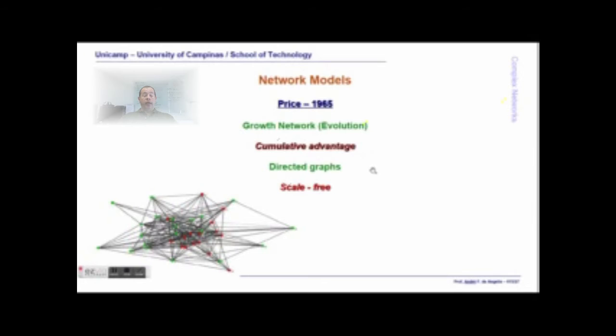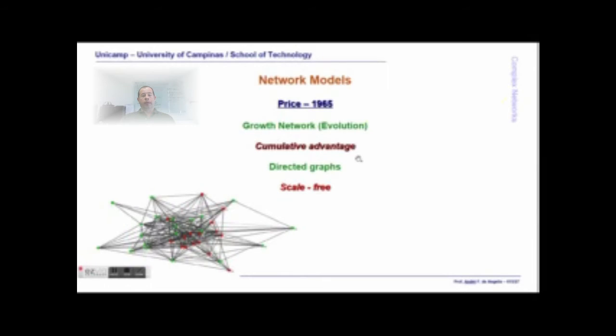We can find here the cumulative advantage effect. Some of the characteristics, mainly the node degree, will increase along the time, and the oldest nodes will have more of these characteristics or benefits.